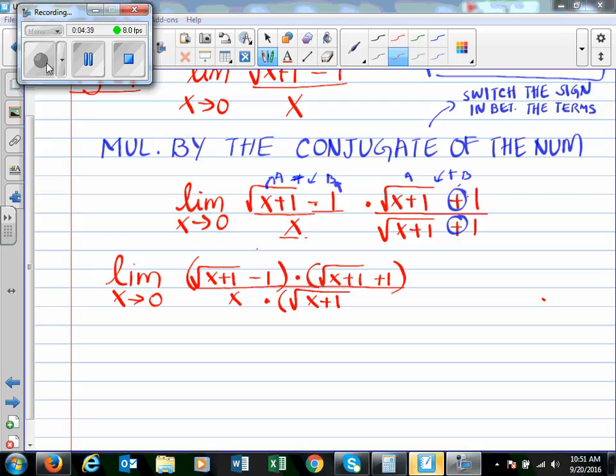If you're not able to understand the special product, this is another way to write it. The numerator is now just the form a minus b times a plus b, which is a squared minus b squared: x plus 1 minus 1, divided by the denominator, which still stays the same, x times the square root of x plus 1 plus 1.